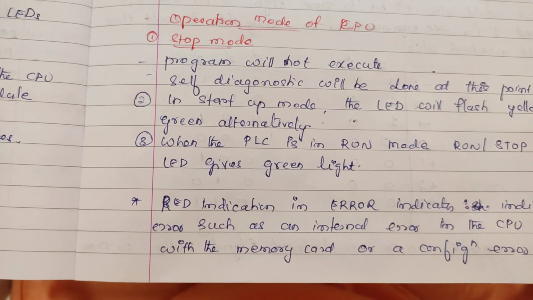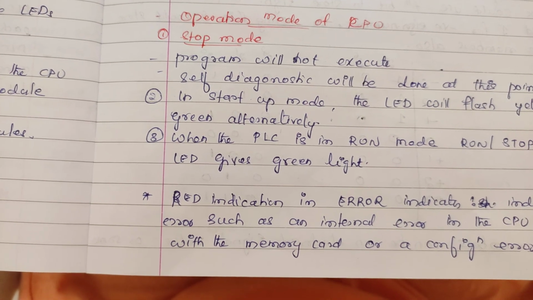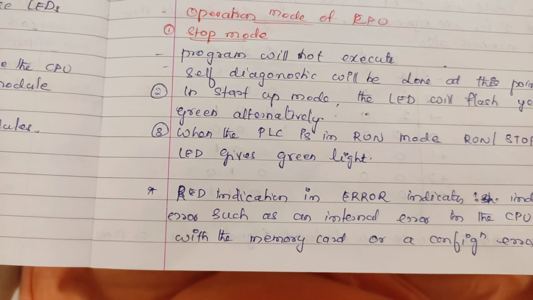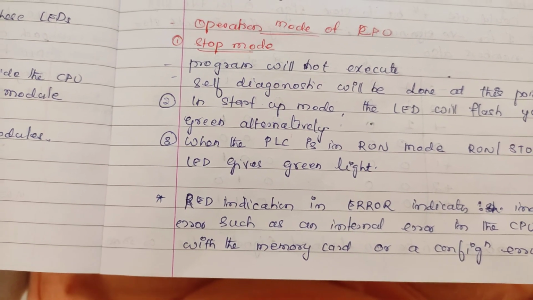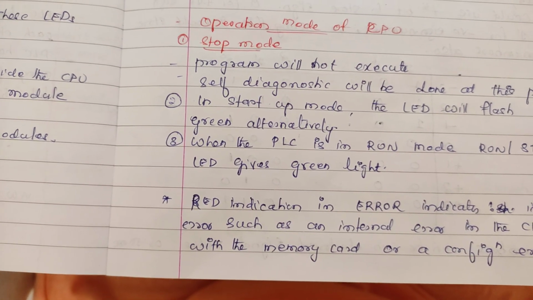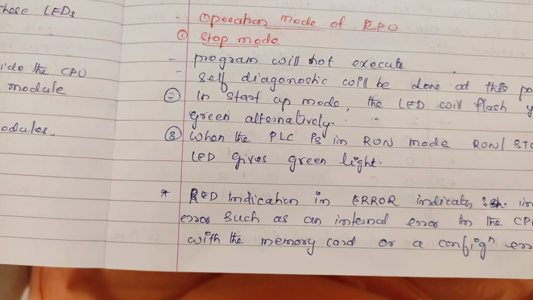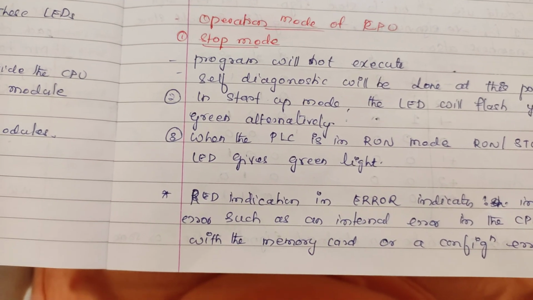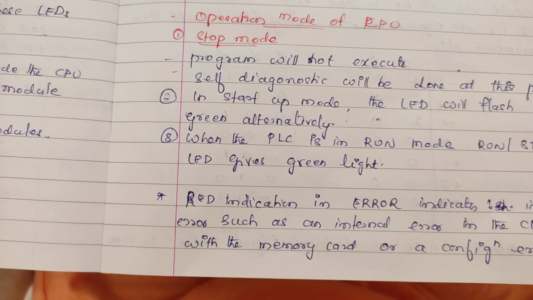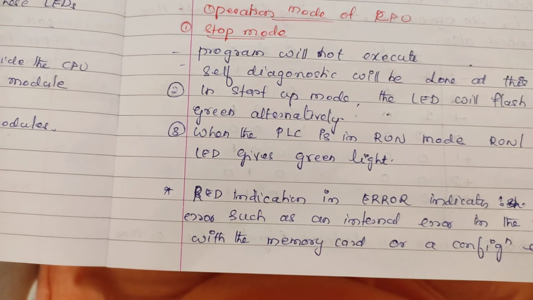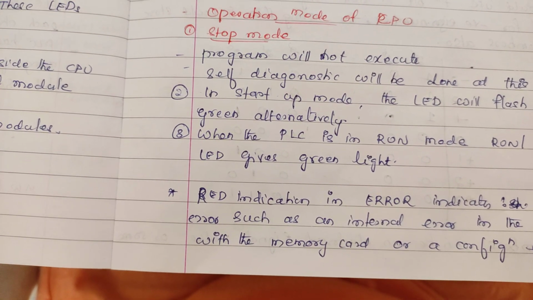In the next step, any startup logic will be executed. It is not necessary that startup logic should be there, but if it is there, then it will be executed. In any CPU, we have different types of blocks: organizational block or OB, FC and FB blocks. The organizational block represents the interface between the operating system and the user program.